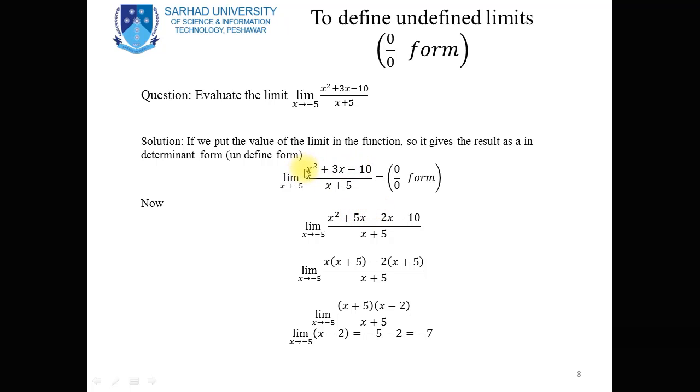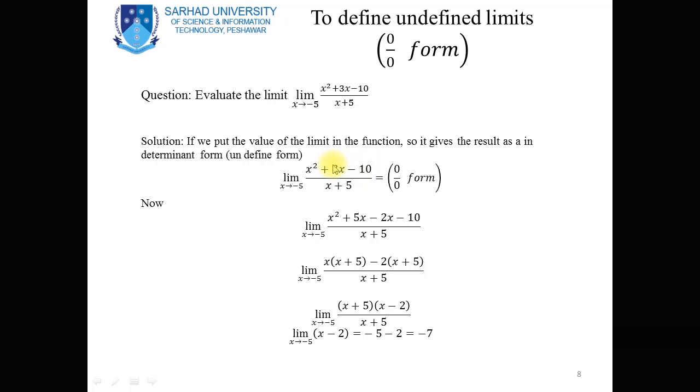First of all, multiply this first coefficient and this last term: 1 multiplied by minus 10, we obtain minus 10. Now choose two numbers under the conditions: by adding the two numbers we obtain plus 3, and by multiplying them we obtain minus 10.